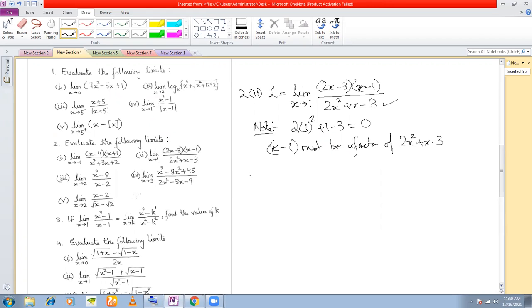So therefore, what you do once you see this, you factorize the denominator, and this factor should be 3x and minus 2x.